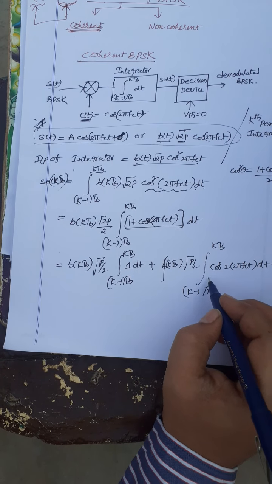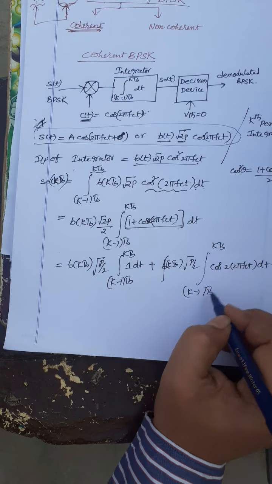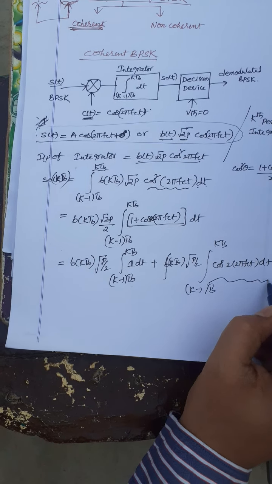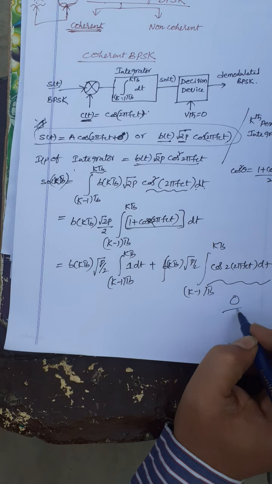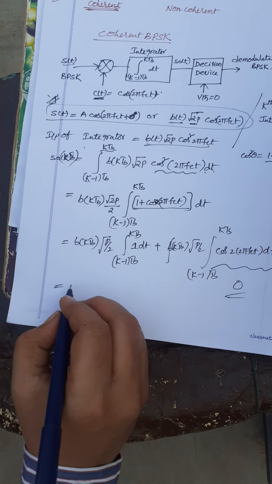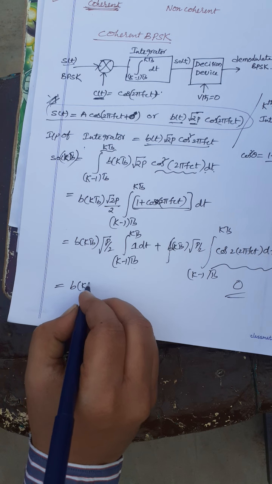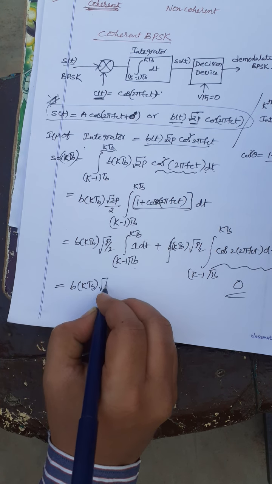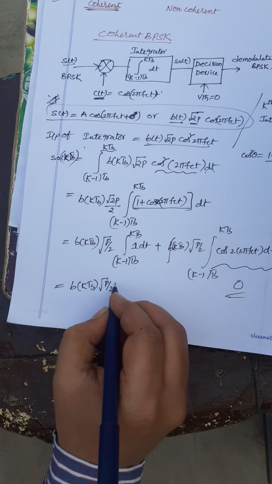This is a carrier signal and it is a periodic signal, and integration of a periodic signal over one period becomes 0. Now here I am getting B of KTB under root p by 2.